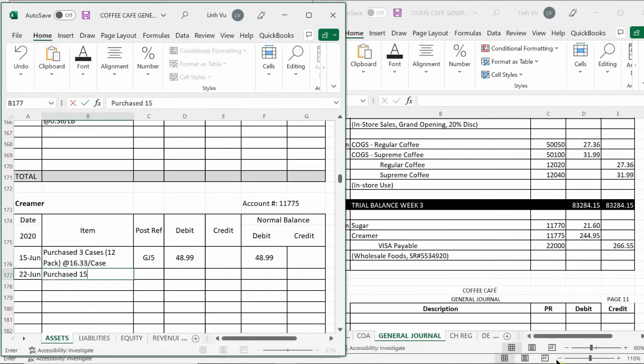The creamer is 244.95. And your grand total is $293.94. Good.